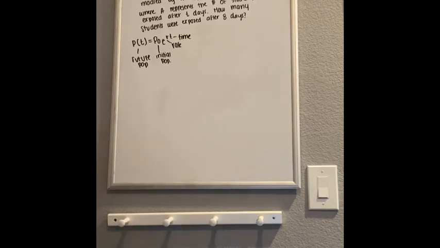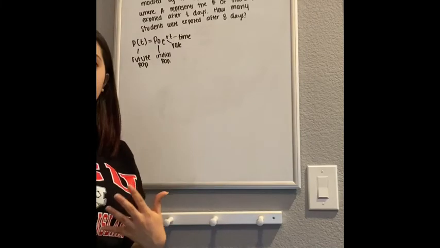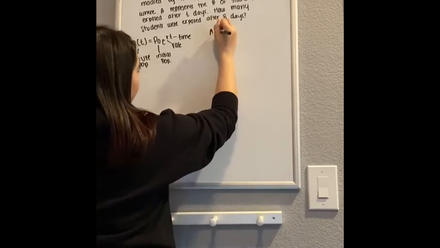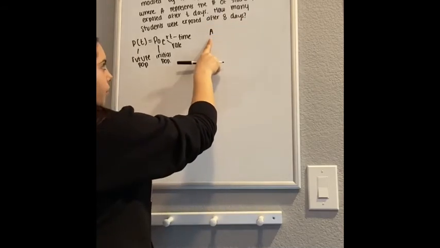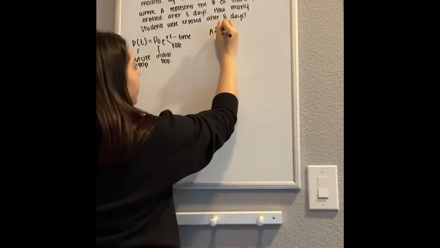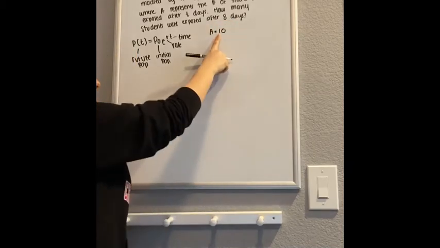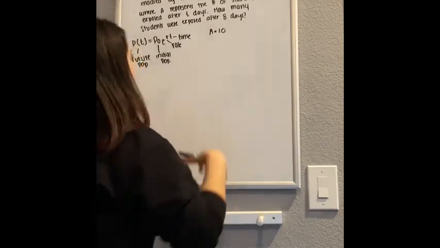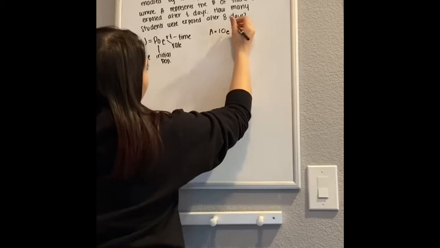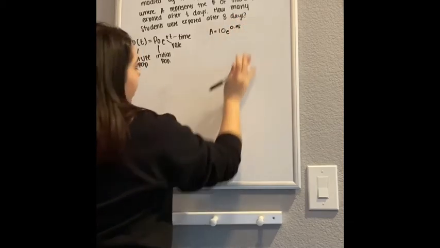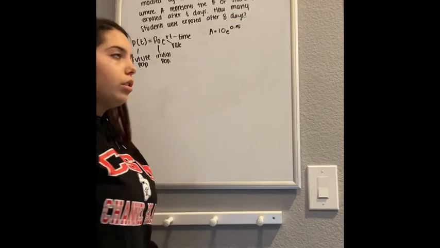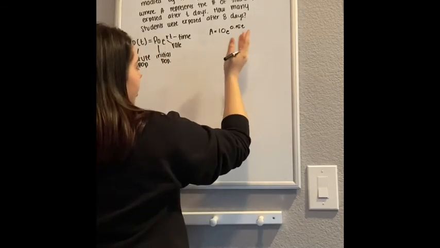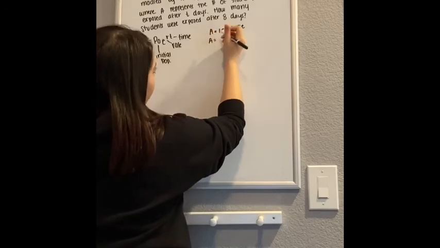So in this problem, they give you the equation, so I'm going to show you what each thing represents. In this equation, A is what we're solving for, which is the future population. 10 is the initial population, which means it started with 10 students having the measles. e is just e. 0.15 is the rate at which students are being exposed to the measles, and t is the amount of time, and in this case, it's 8 days.